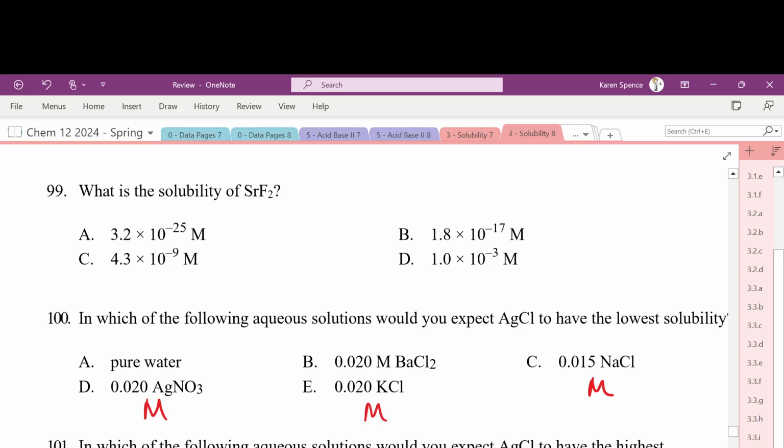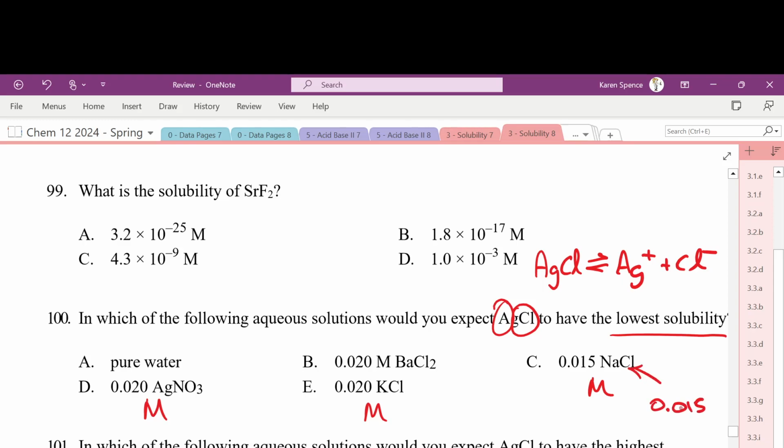In which would I expect AgCl to have the lowest solubility? I would want the highest concentration of one of these 2 ions. So I have AgCl in equilibrium with Ag plus and Cl minus. This guy has 0.015 molar Cl minus. This one has 0.02 molar Cl minus.